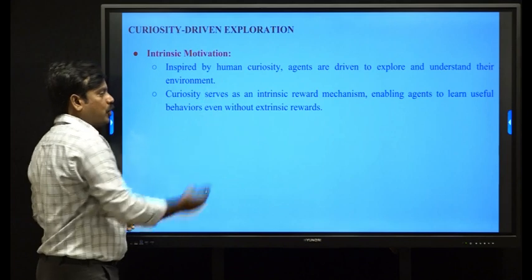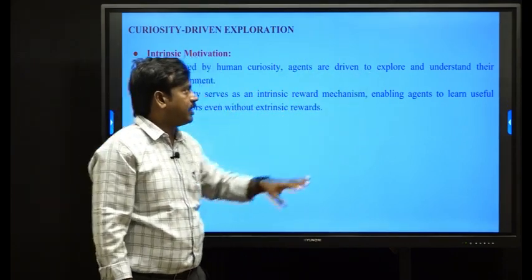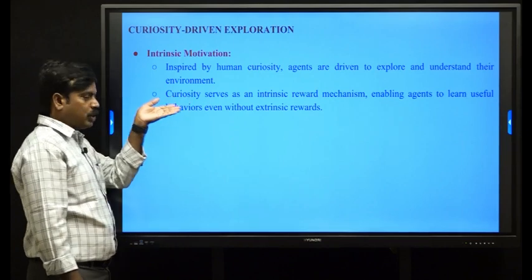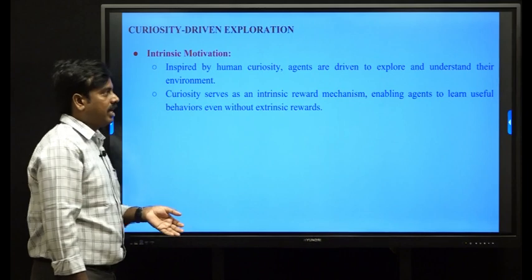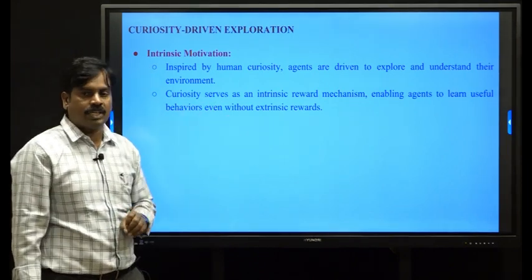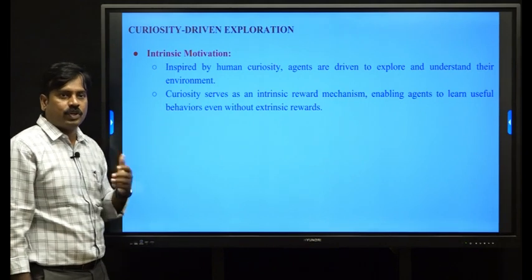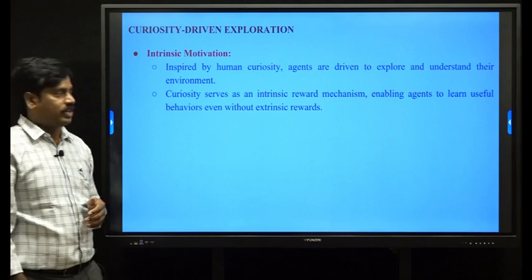Inspired by human curiosity, agents are driven to explore and understand their environment. Curiosity serves as an intrinsic reward mechanism, enabling agents to learn useful behaviors even without extrinsic rewards. So this is the intrinsic motivation.